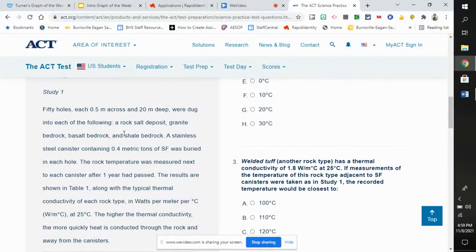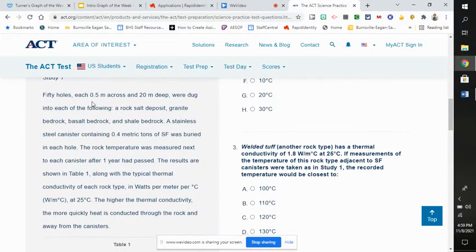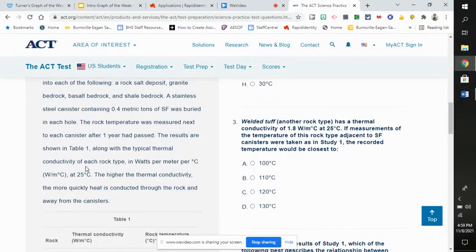Study 1, 50 holes, each 0.5 meters across and 20 meters deep, were dug into each of the following: a rock salt deposit, granite bedrock, basalt bedrock, and shale bedrock. A stainless steel canister containing 0.4 metric tons of spent fuel was buried in each hole. The rock temperature was measured next to each canister after 1 year had passed.